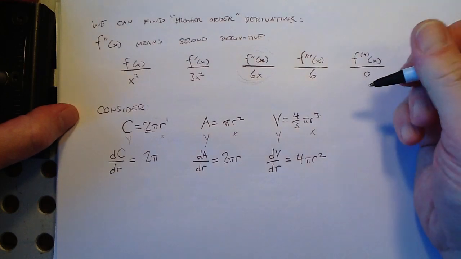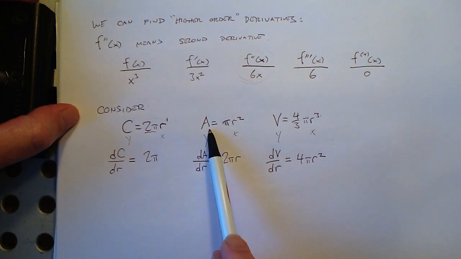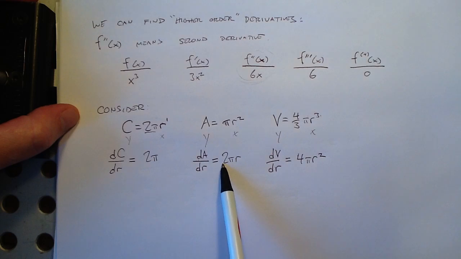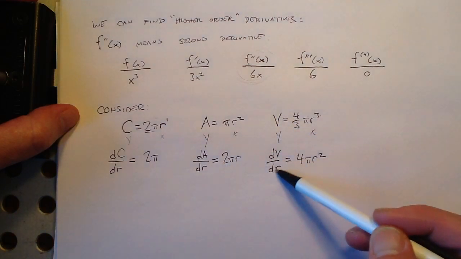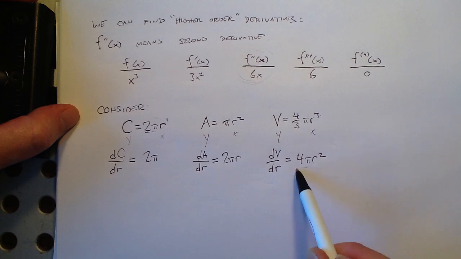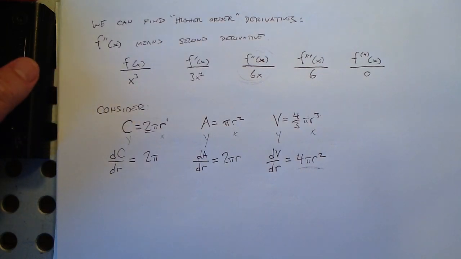You might notice the very curious fact that whatever it means to take the derivative of the area of a circle, the derivative of the area comes out to be the circumference, and the derivative of the volume of a sphere comes out to be this, which you might recognize as the surface area of a sphere. So that's interesting, and we'll discuss later on at the end of this chapter why that is the case. That's certainly a very interesting observation.